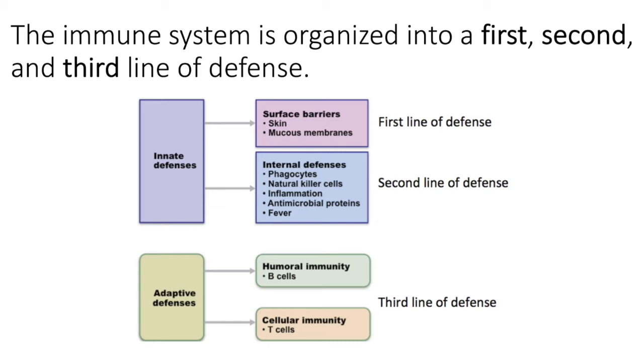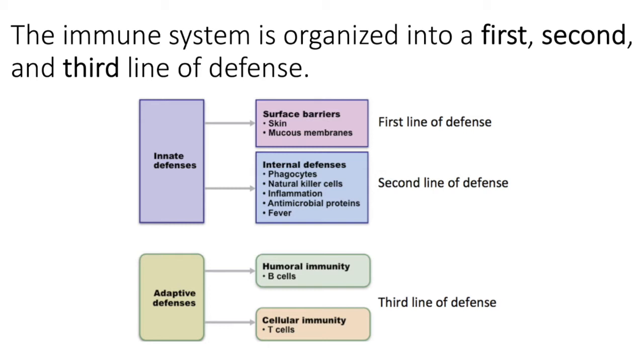Innate meaning these components, whether it's a barrier or a cell or a protein, are non-specific. They don't have any special knowledge of the pathogen. They will attack it, eradicate it without specificity.